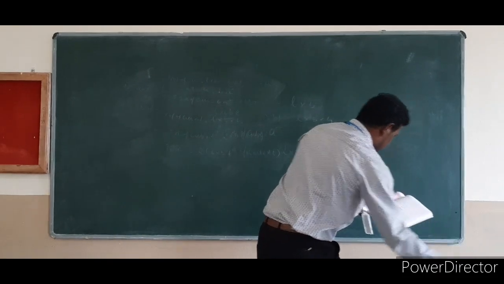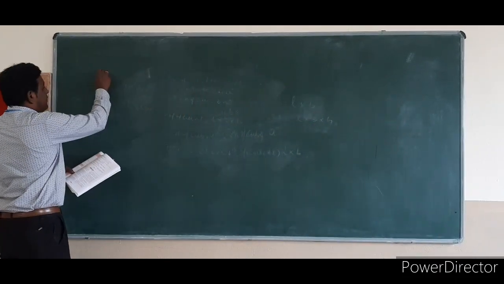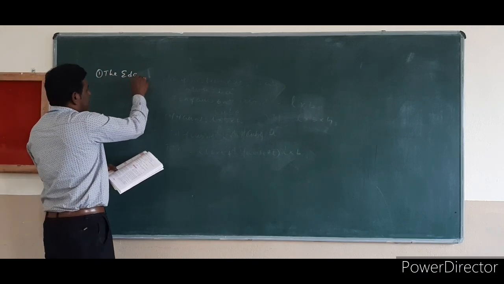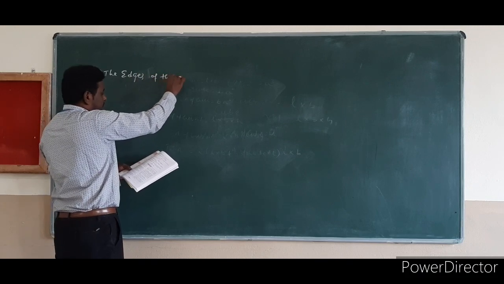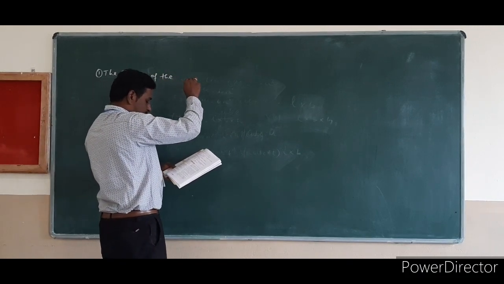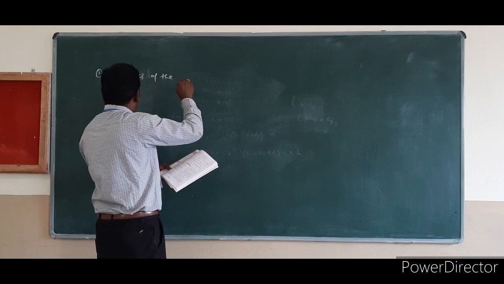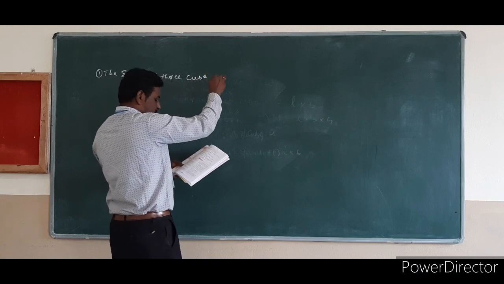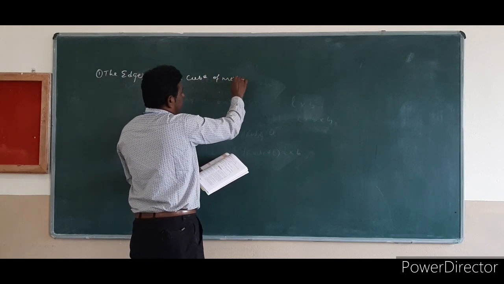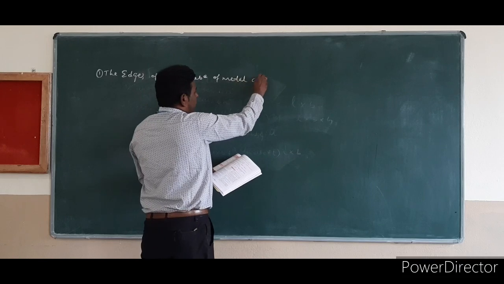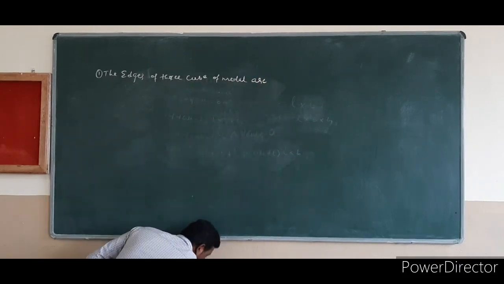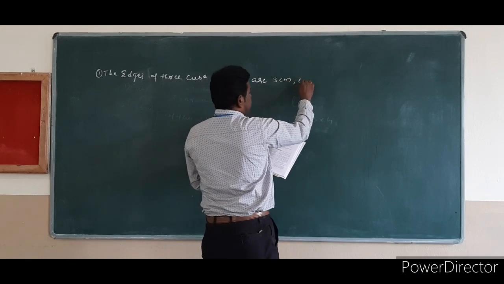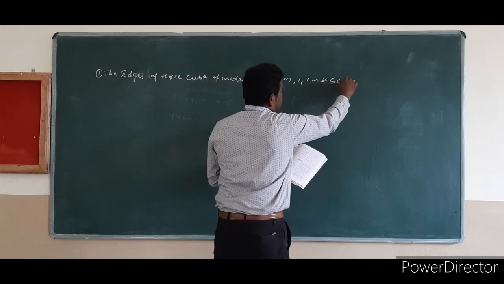The fifth problem is: the edges of three cubes of metal are 3 centimeter, 4 centimeter and 5 centimeter.